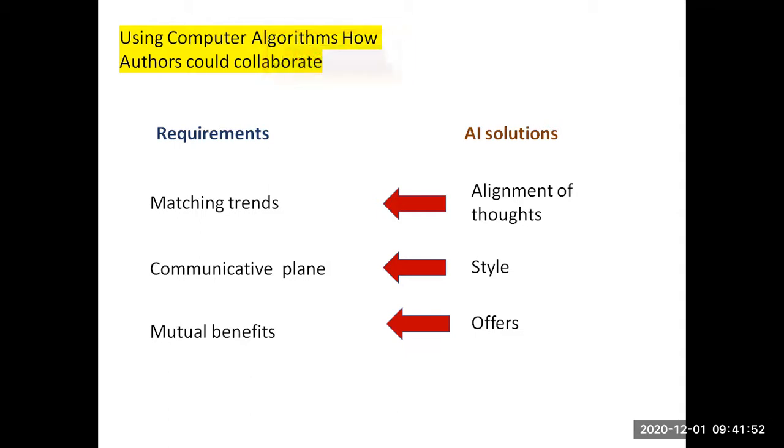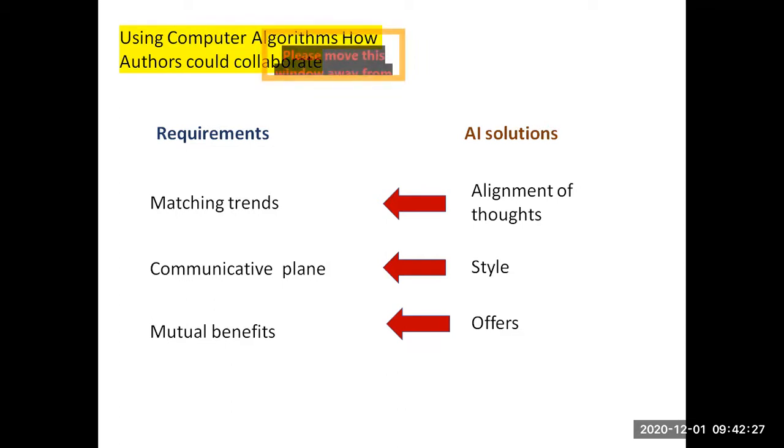Mutual benefits. Every collaboration looks for benefits, and what kind of offers a particular author can make vis-a-vis another author, AI can again give in terms of the strengths and capabilities between the different groups, which can help us in building new collaborations.